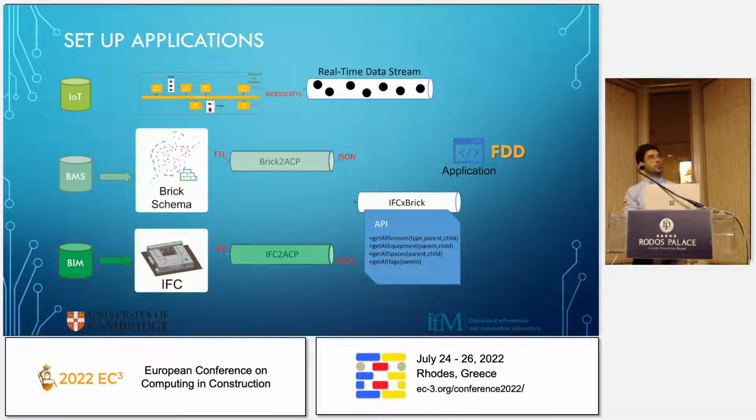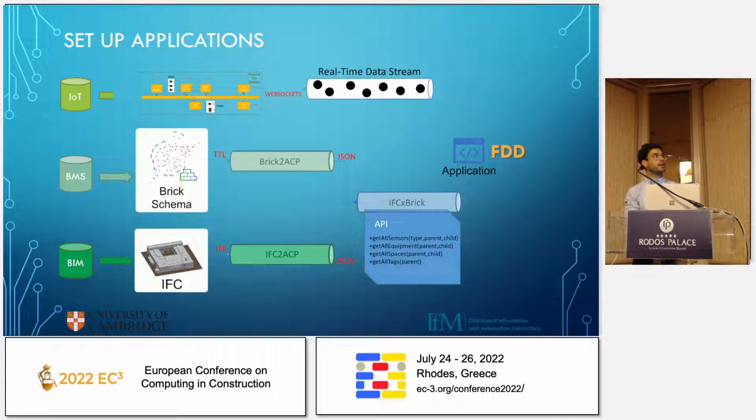And again, that was transformed through the pipeline into a format that could be indexed and stored in memory for quick access. And then for the BIM data, we were using IFC to drive that integration and to transform that into the same kind of format. But in this case, it's a lot more static because the BIM information doesn't change that often. And after that, we could integrate into another pipeline these two pieces of information and make it available to the FDD application.